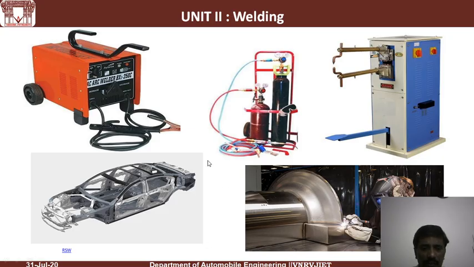You can see a car body shown here, and there are some pieces we need to join. For that we have used spot welding for making this car panel or body of the car.